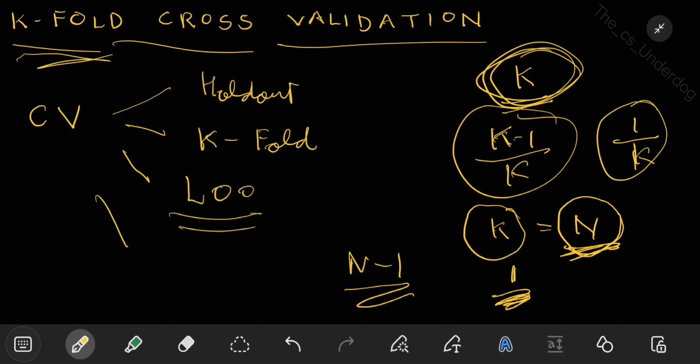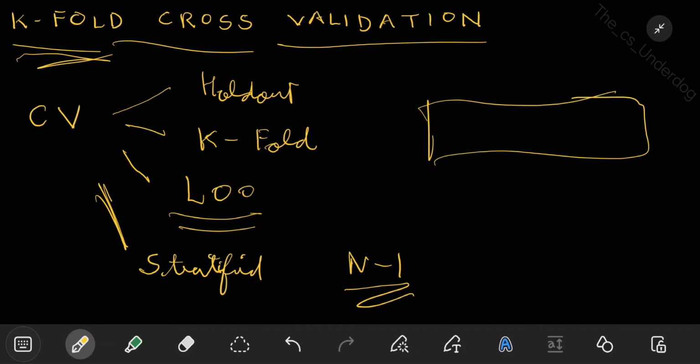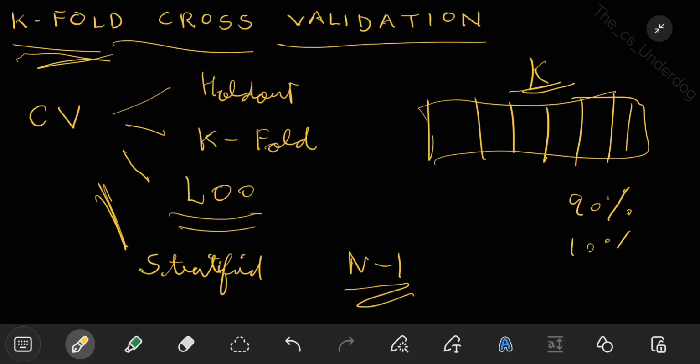Okay. And the last one is stratified cross validation. Stratified. Okay. What is the use of stratified? Previously, when you divided data into k different parts, you took your data and randomly divided it into k parts. Now there is a possibility that, let's say it is some classification problem, your data is 90% of one type and 10% of the second type.